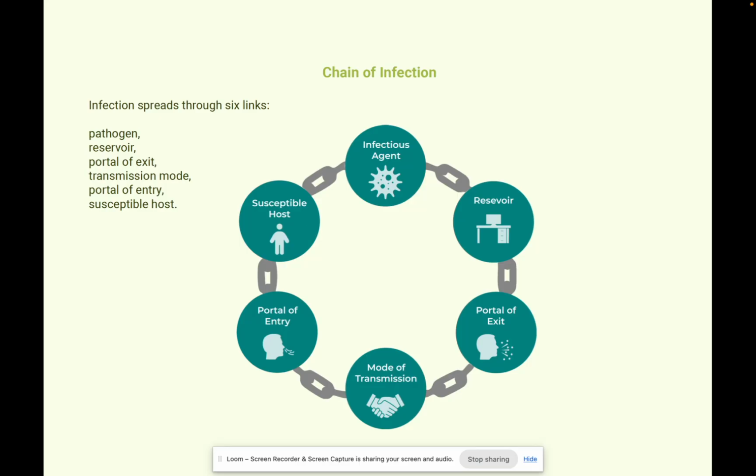Factors like, of course, age, like elderly clients because they have a lower immune system, or underlying health conditions that lower their immune system, and in that sense they can be more susceptible. Okay, and of course that's always the chain, and it goes back again to the reservoir and everything. So that's what we call the chain of infection.